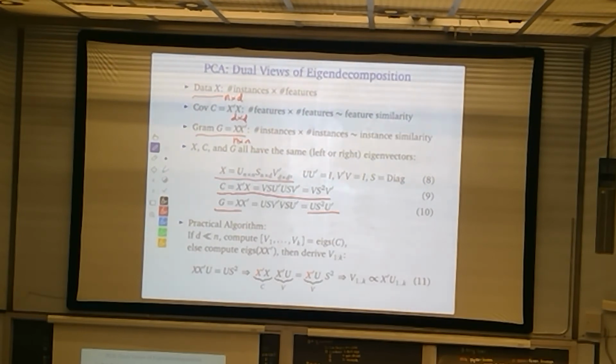Now, that has a practical consequence when you actually apply PCA to your data. If D is much less than N, for example, in all the point set examples I have shown you, I may have 500 points and my dimension is only 2. 2 is way less than 500.